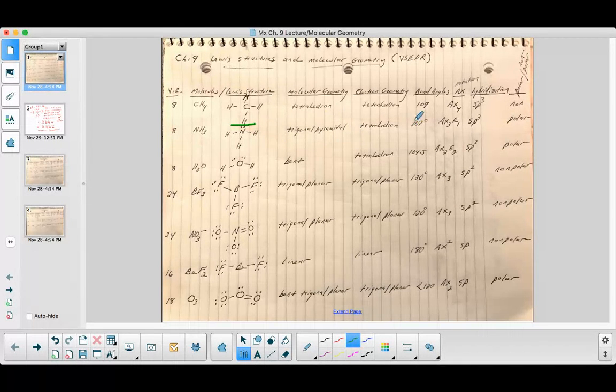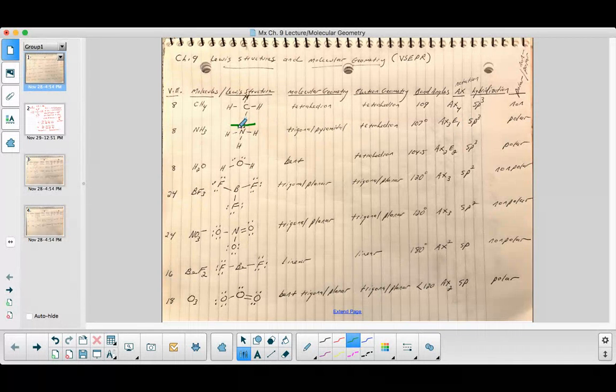The bond angles are a little bit smaller, and the AX notation, now we identify the central. The N would be the A. The H would be the X3, or the 3 H's would be the X3. And then this E1 means that there's one unshared pair of electrons.